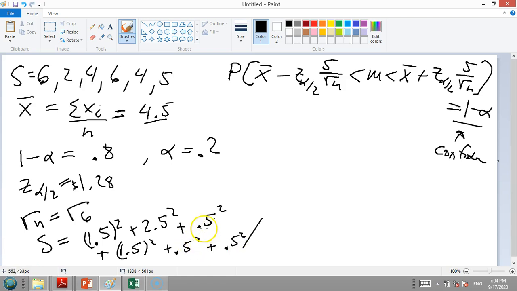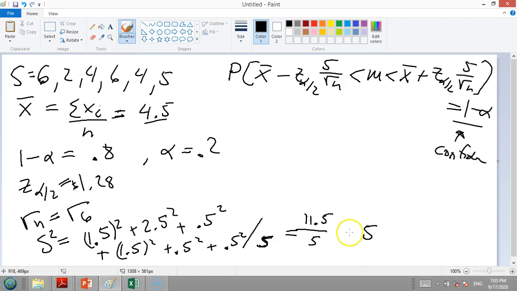Divided by, how much do I divide here? By 5. And this is s squared. So just do the math real quick. Okay, I get 11.5 over 5.